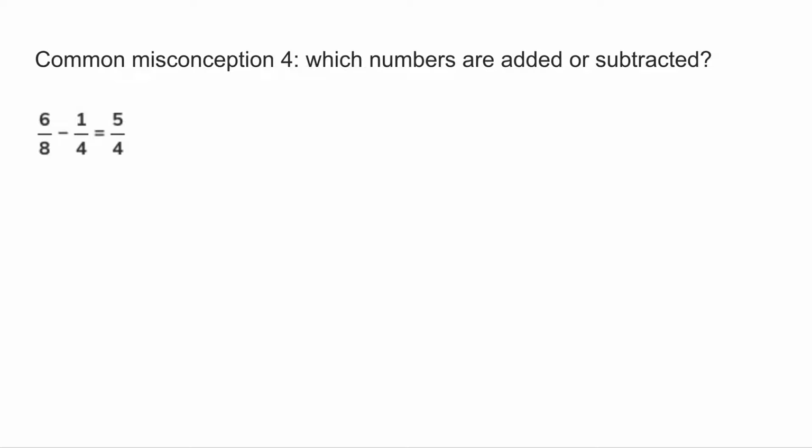However, we need to be aware that students may run into problems when faced with different denominators. I already talked about that earlier, right? So for example, 6/8 minus 1/4. Some students do 6 minus 1 is equal to 5, and 8 minus 4 is equal to 4.